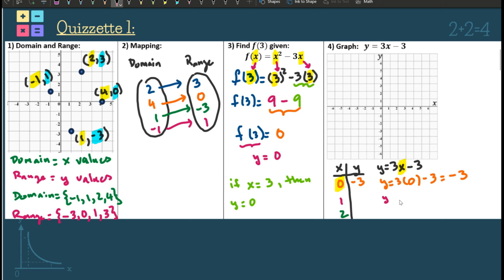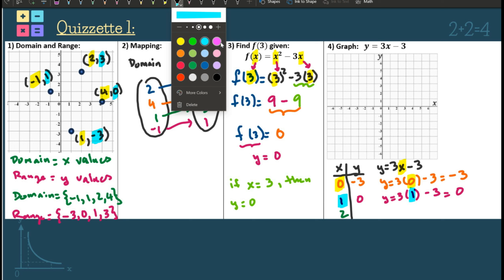Same thing, we're going to plug in the next one. When x is 1, we have 3 times 1 minus 3. The x value is replaced by 1. 3 times 1 is 3, minus 3 is 0. So when x is 1, the corresponding y value is 0.